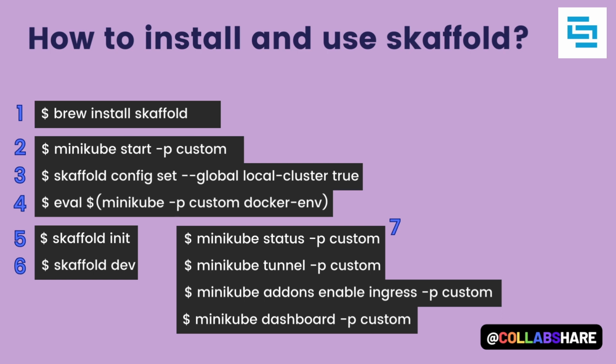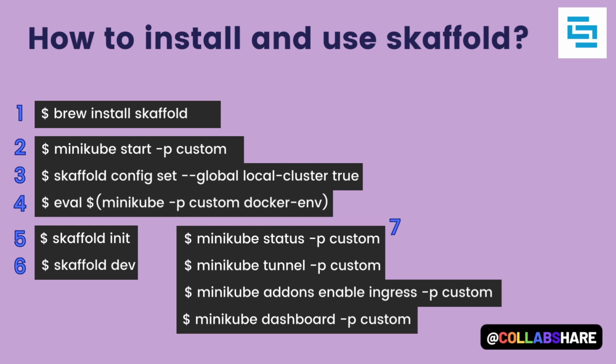And the skaffold init command actually initializes a new Skaffold configuration for the project and generates a skaffold.yaml file based on the detected source code and selected options. And finally, skaffold dev.